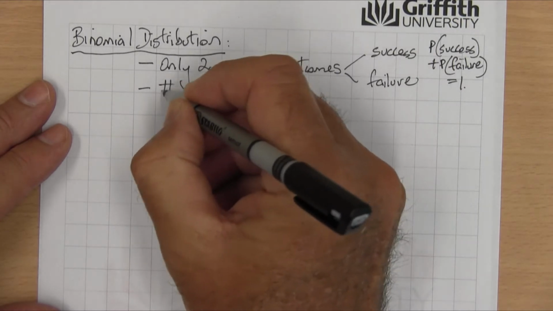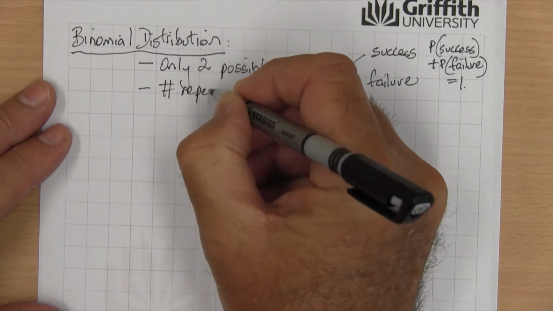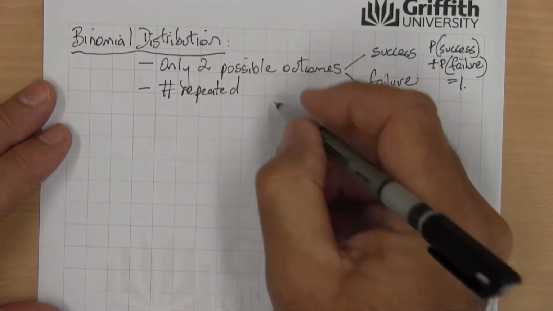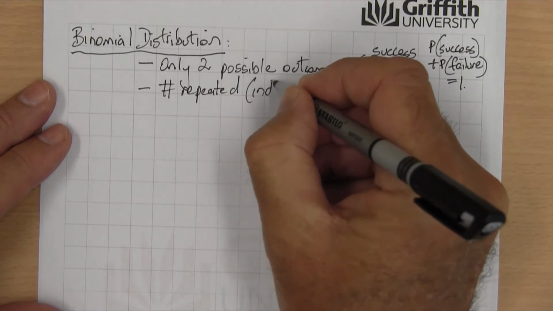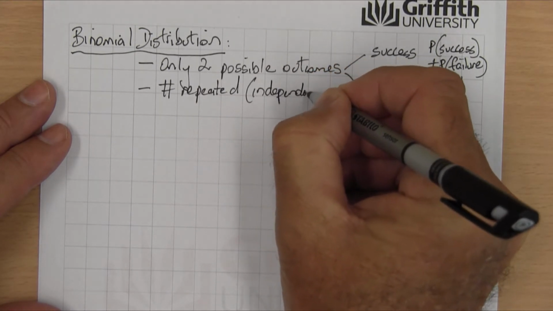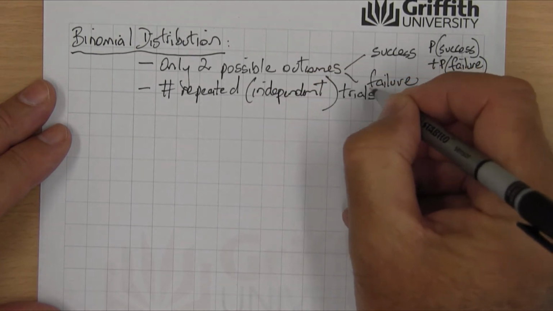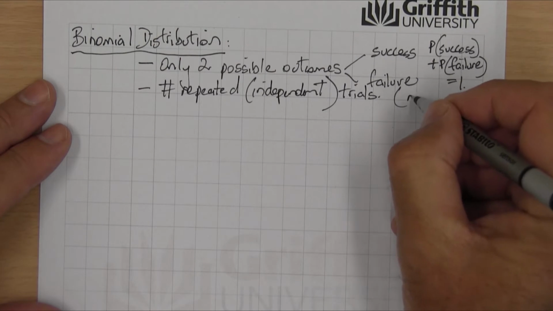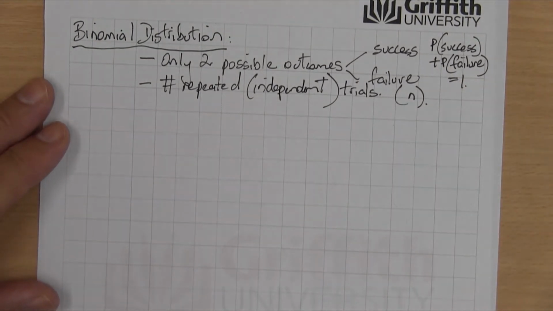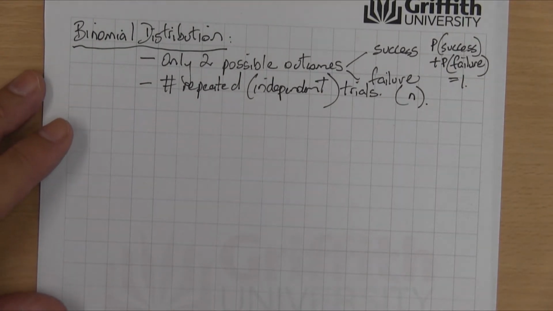We have a number of repeated independent trials, and we use the letter N for how many there are. So independent means that when you do it for the third time, it has no bearing what happened on the first, second time as to what happens on the third time.